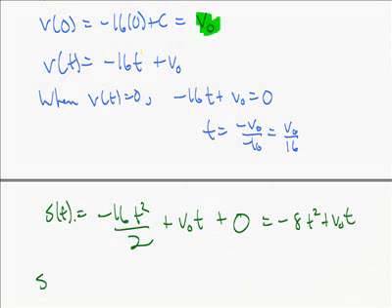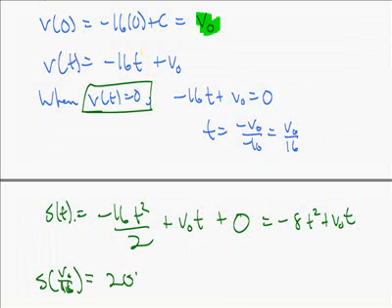Now, what do we know? At time t equals v naught over 16, remember, that's when the velocity function v of t is equal to 0. So we know that s of v naught over 16 has to equal 200, because the car went 200 feet. Remember, s is our position function.